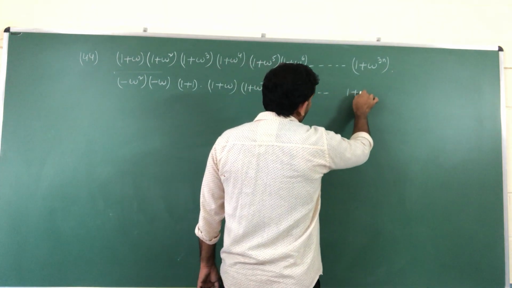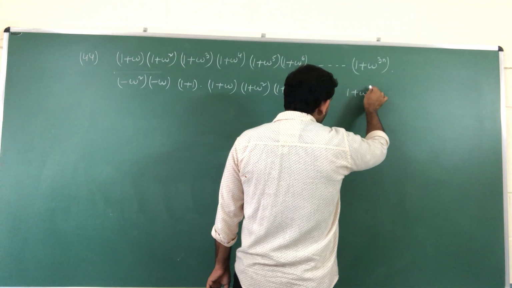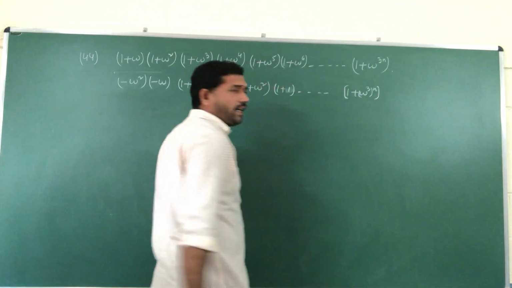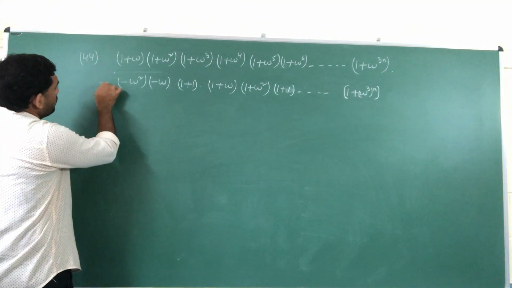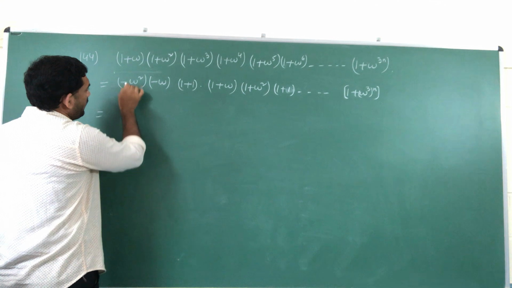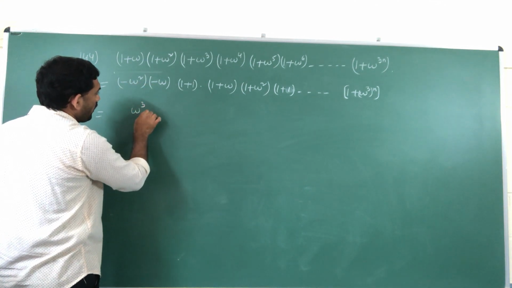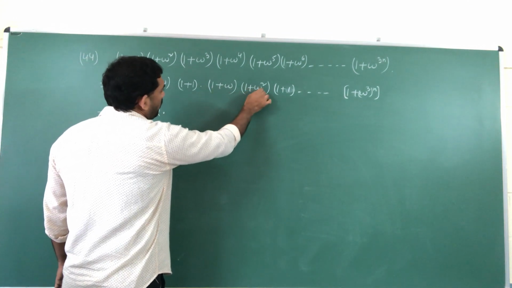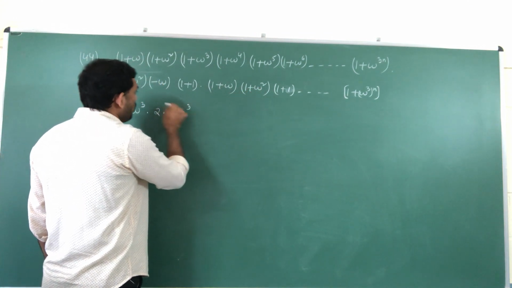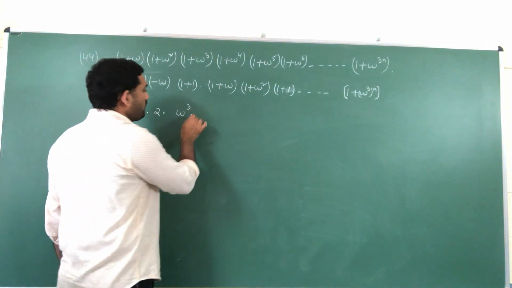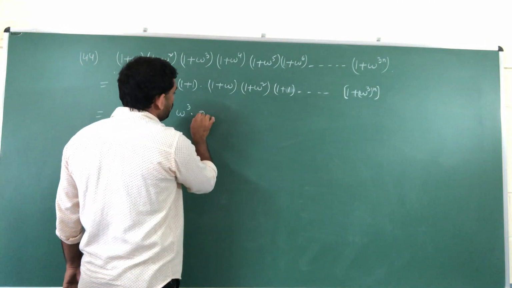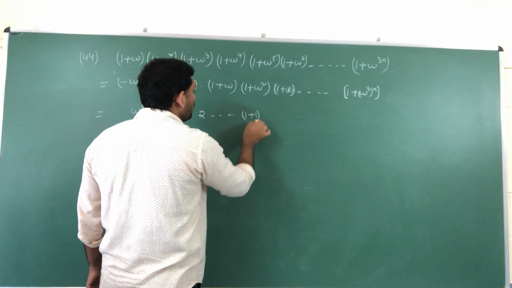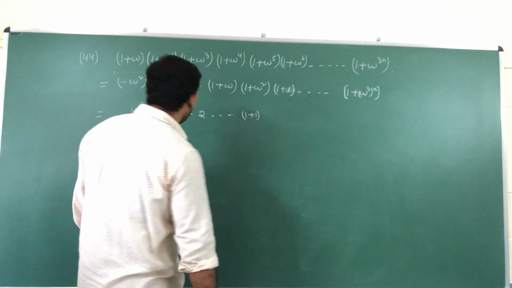Simplifying, minus into minus, plus omega cube, into 1 plus 1, which is 2, and so on. The last value is 1 plus 1.